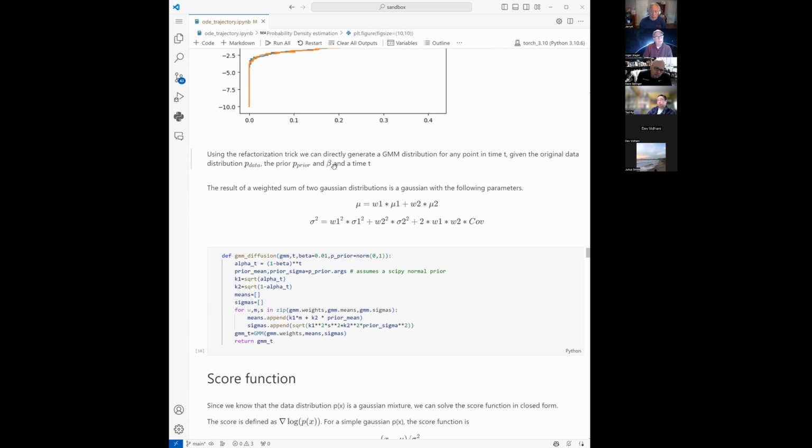And I use this weighted sum of two Gaussians equations up there, assuming, I think this was okay to do, just assume the covariance between the two random variables, the two distributions, is 0, and you come up with this equation down here in the code.